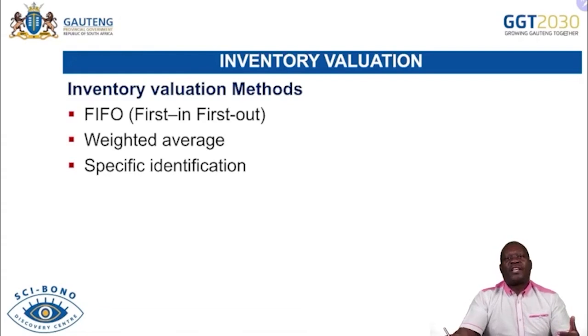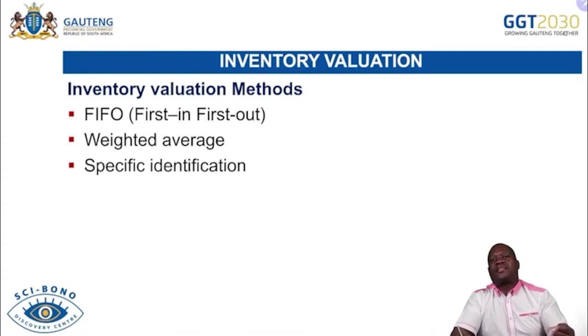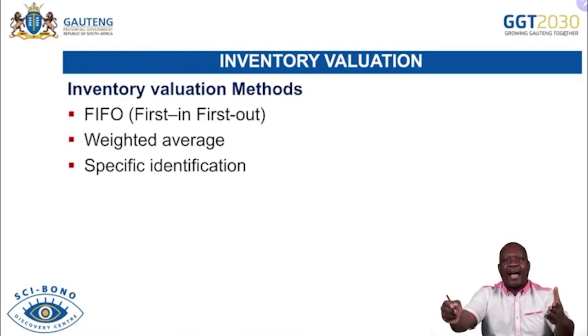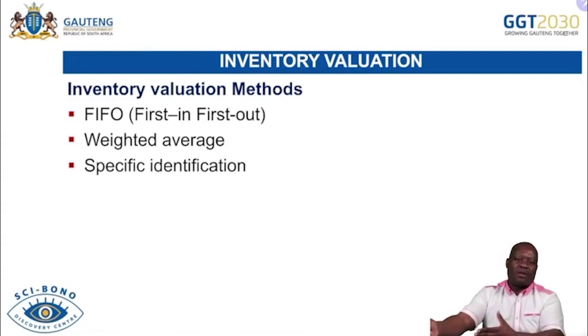The next one is weighted average. This one says, no, we are not sure which items we are having. So let's find an average price for all our items. And then when we have got an average price, we can say, whatever we have, if there are 19 times the average price, we find the value.